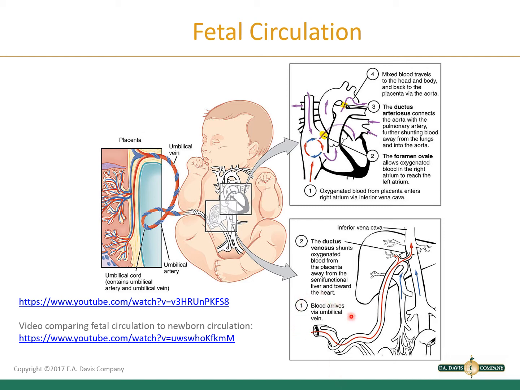So blood arrives in the umbilical vein, and then you have a little detour called the ductus venosus that helps shunt the oxygenated blood from the placenta away from the semi-functional liver and toward the heart. So the ductus venosus helps shunt the oxygenated blood directly to the heart.